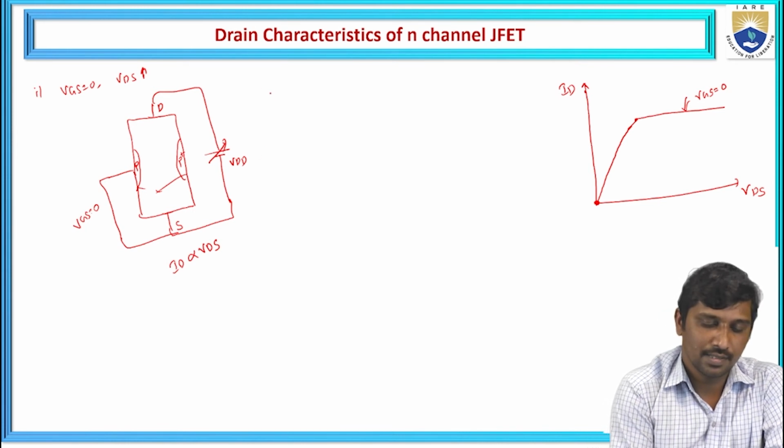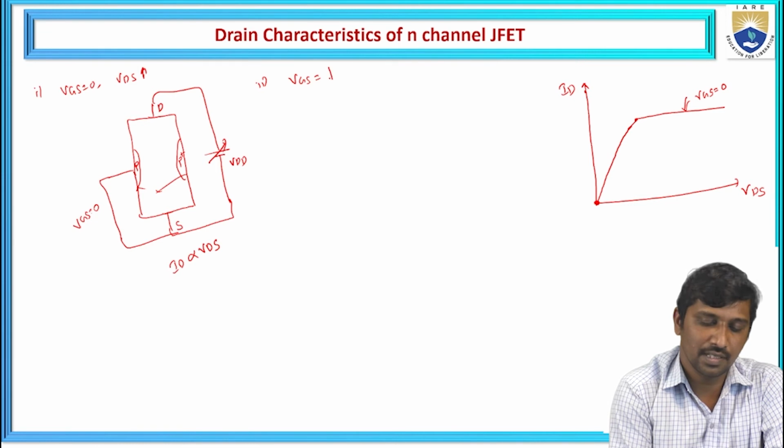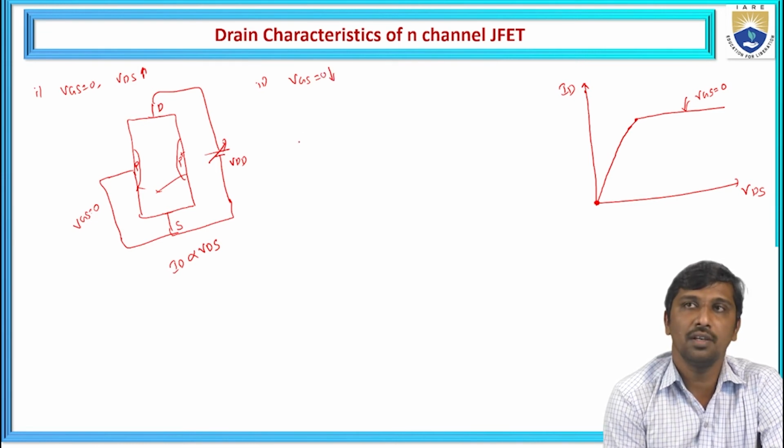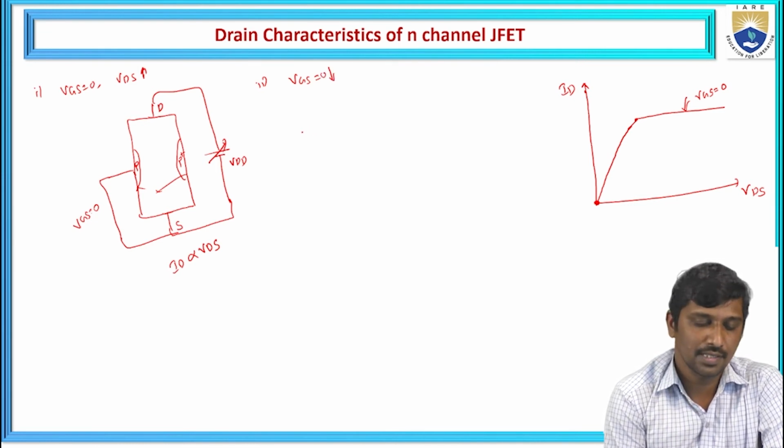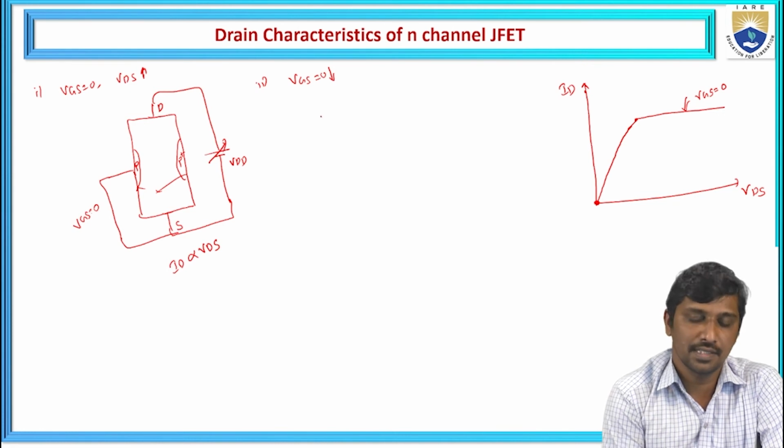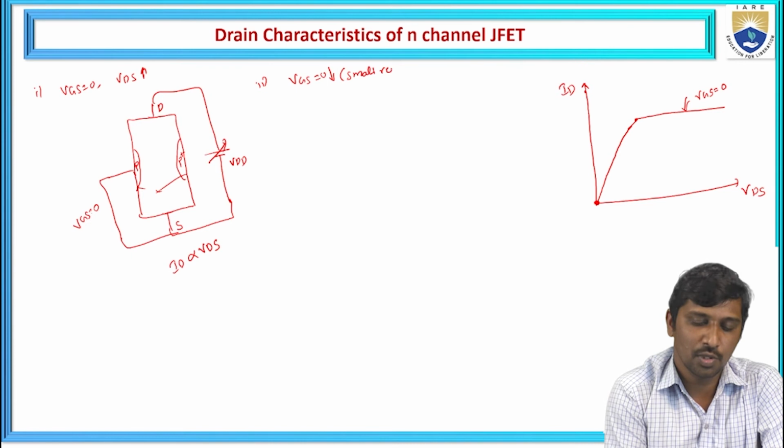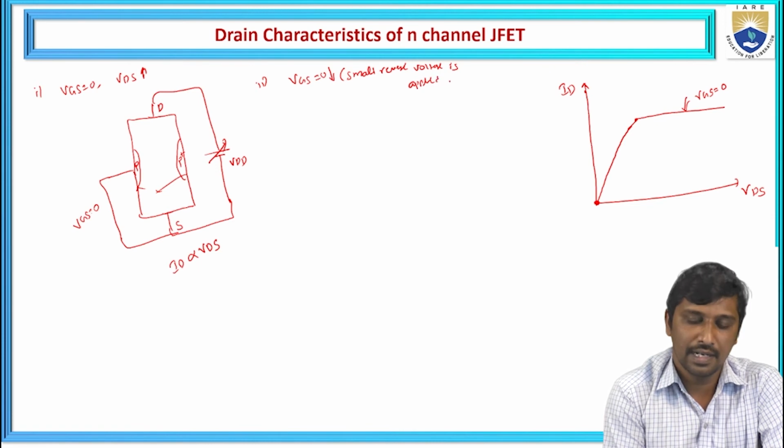Now, in the second case, I am going to decrease VGS from 0 volts, which means a small reverse voltage is applied between the gate and the source.